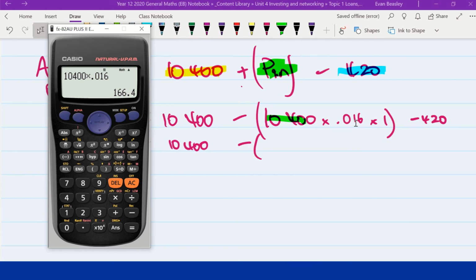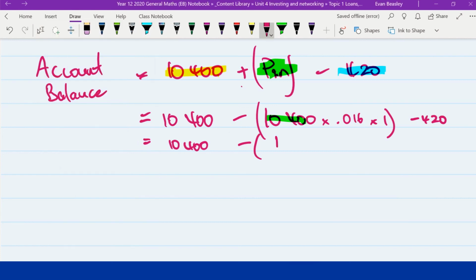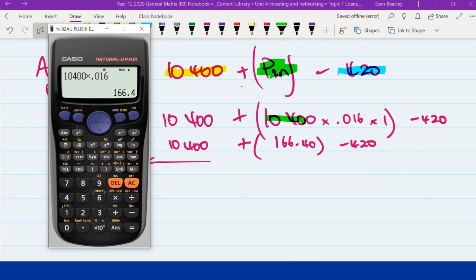Yep, that's for 1 quarter. That looks good. So it's saying minus 166 and 40 cents. I should put a plus in. Follow the formula through properly, Mr. Beasley. 420. And that's good. And that should get us the same value.